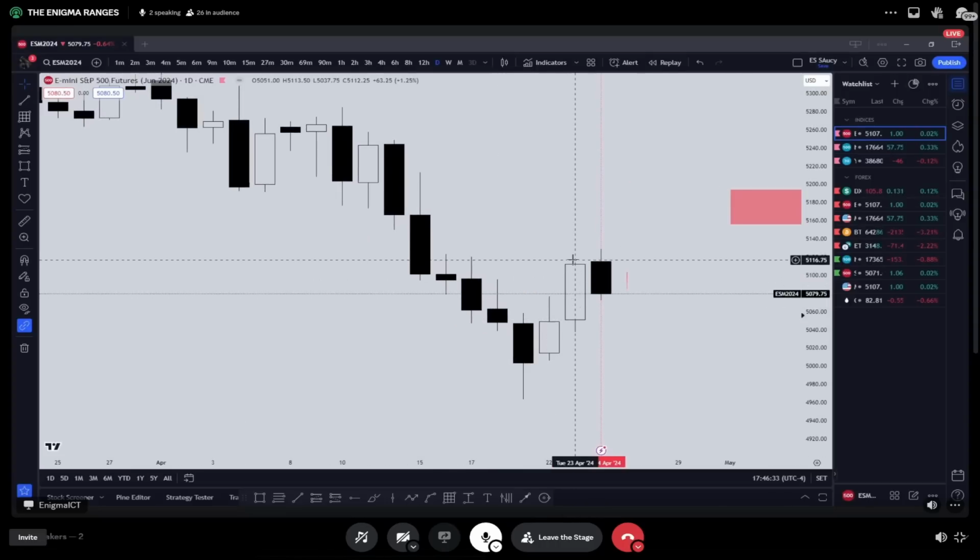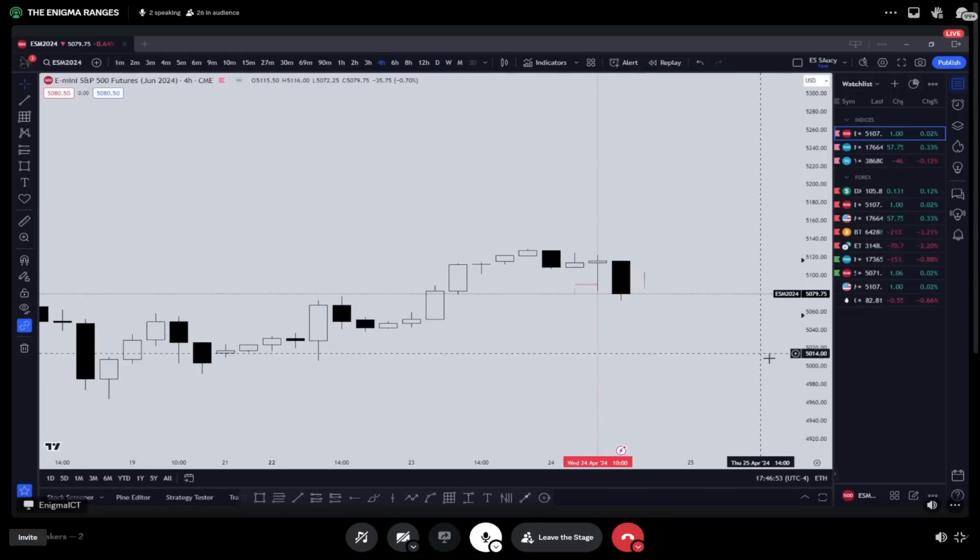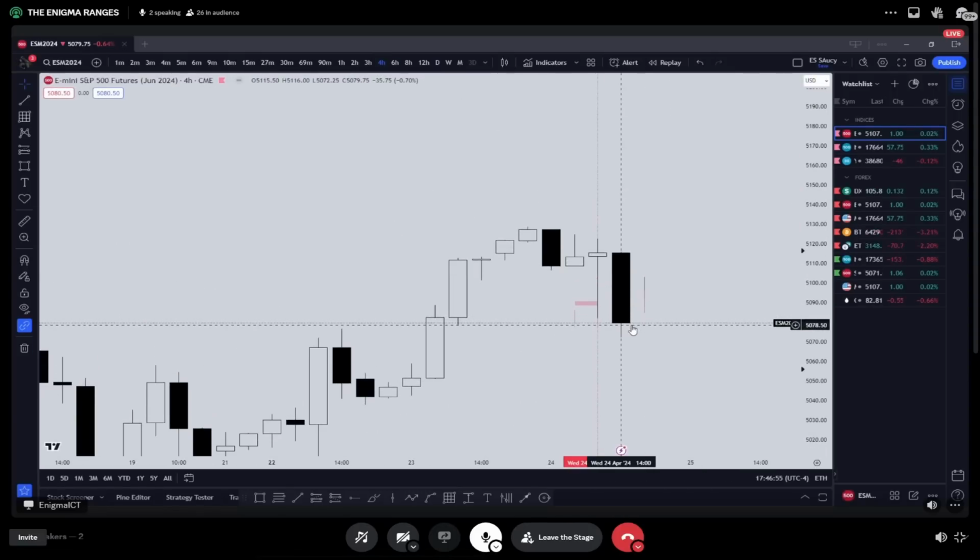This was the ICR, swept it, and what does this mean? The third candle could distribute. This is why time frame alignment is so important. On the daily, this looks like the third candle is going to distribute, but on the 6 hourly or the 4 hour, I don't want to see an open low. It could work out, but it's temporary.